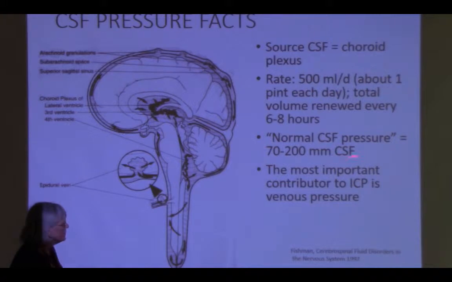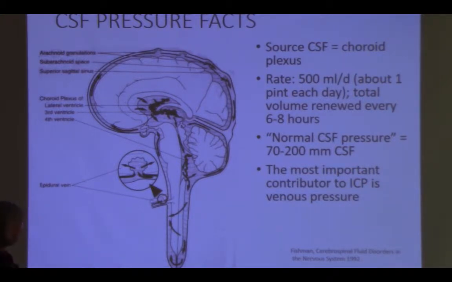We talk about millimeters, we use the metric system, millimeters of spinal fluid pressure, and that gives us what is normal. I'll talk a little bit about what is the normal pressure. And the most important contributor to the pressure is what happens in the veins. Now the veins also cover the brain.